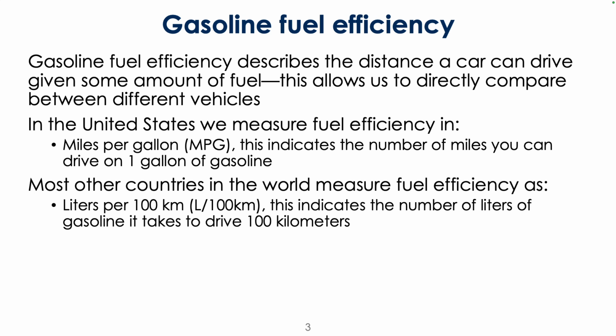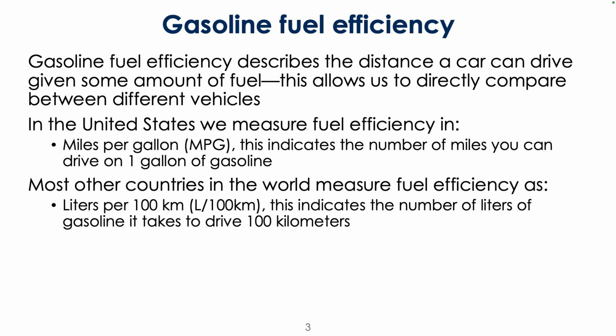But most other countries in the world measure things differently. They not only use different units, liters instead of gallons and kilometers instead of miles, but they also flip that efficiency number into a consumption number. So it's liters per 100 kilometers, which would be the equivalent of having your gallons on top and your miles on the bottom.